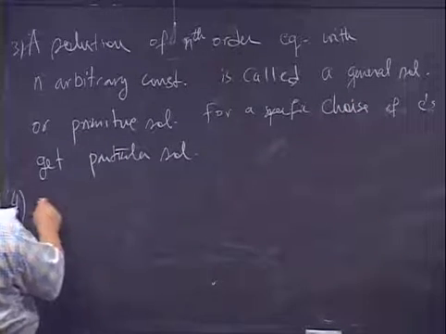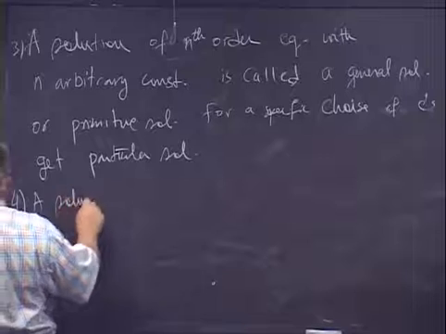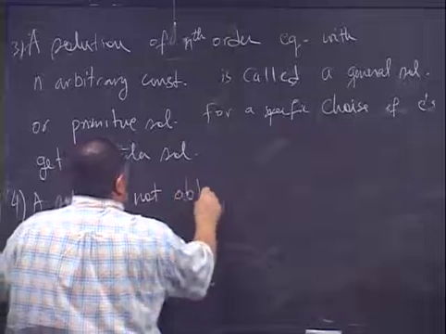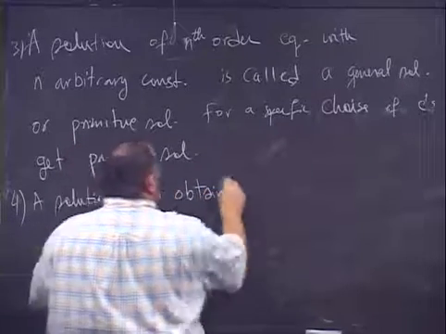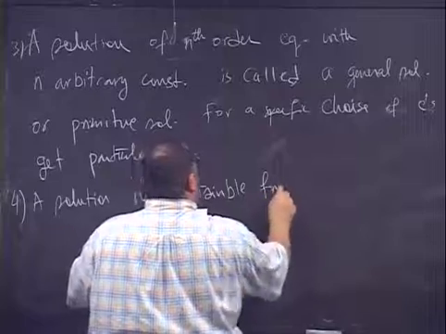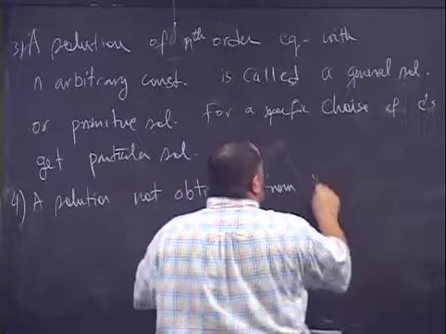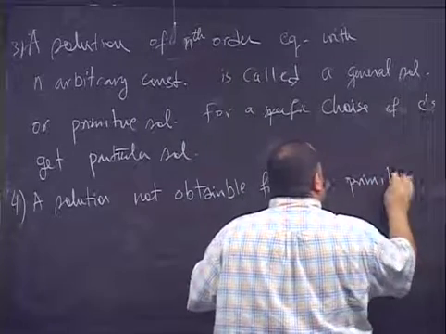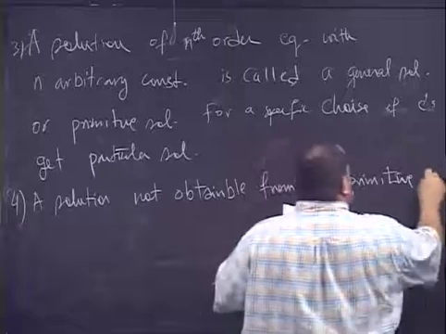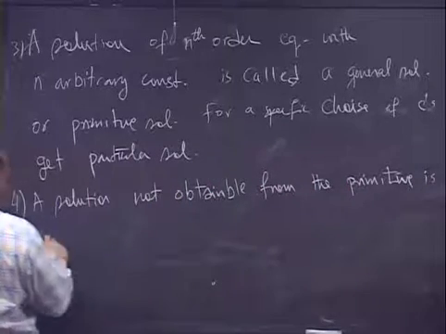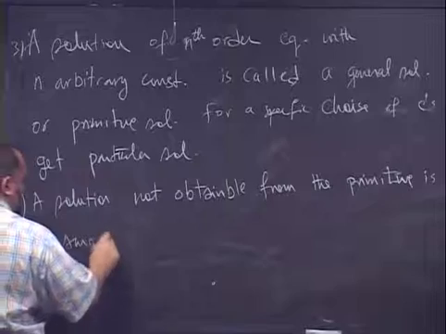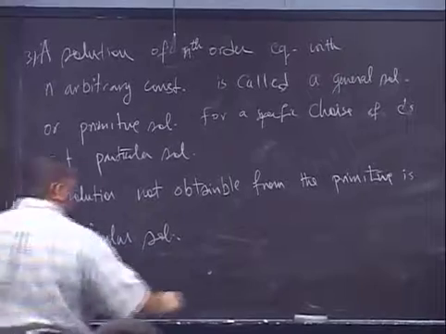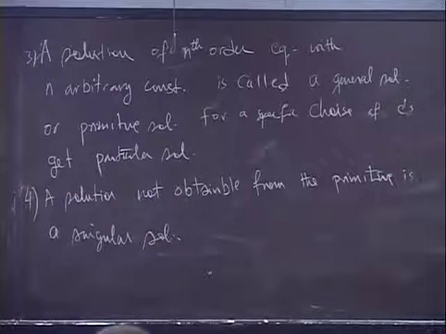So to give you a number 4, a solution not obtainable from the primitive is called a singular solution. I will give you the example here. Then we will conclude and continue next time.